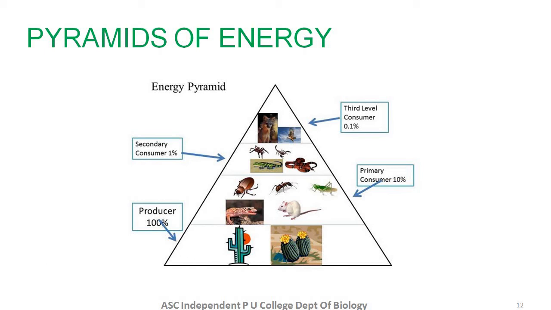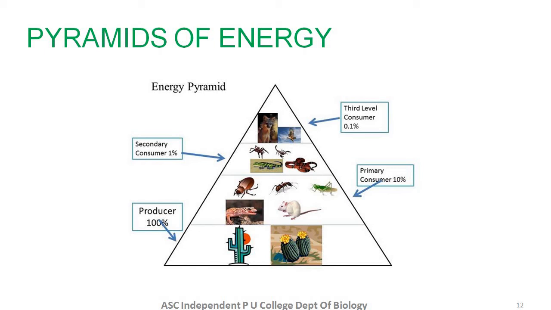So what does the 10% law of Lindeman say? 90% of the obtained energy of each organism is utilized in its various metabolic activities and heat, and only 10% of the energy is transferred to the next trophic level.